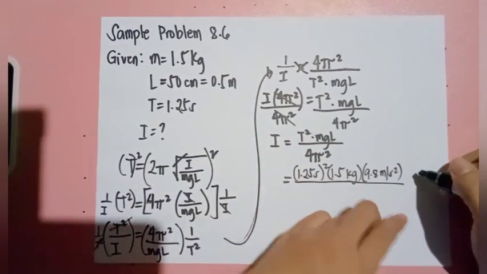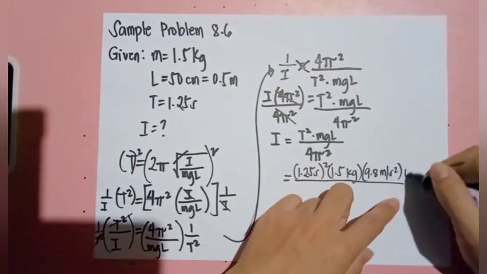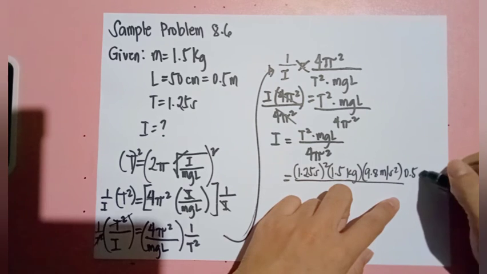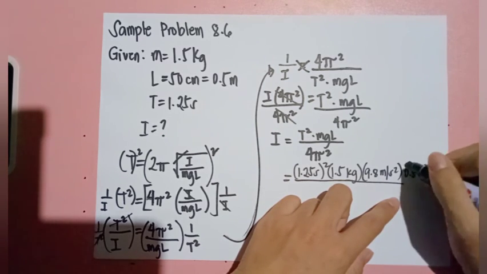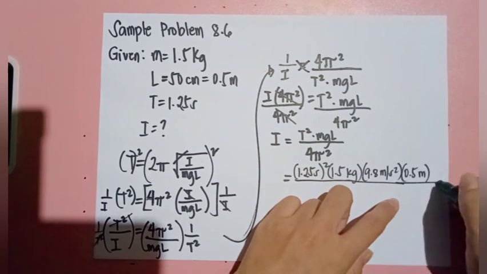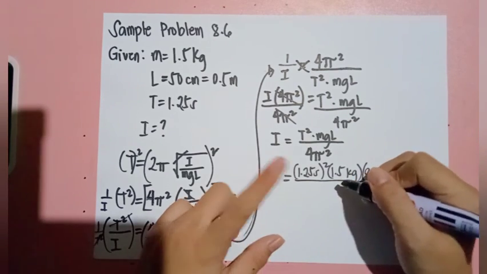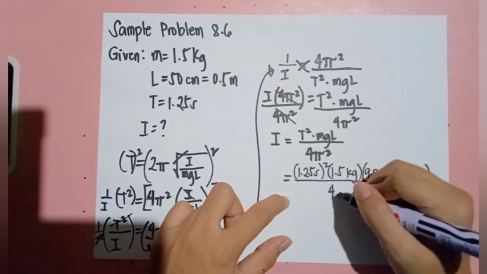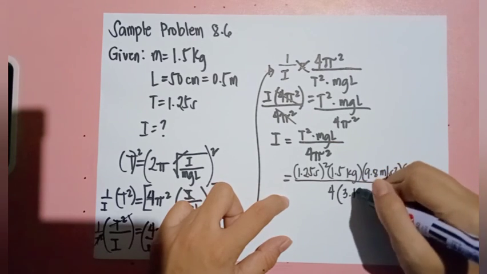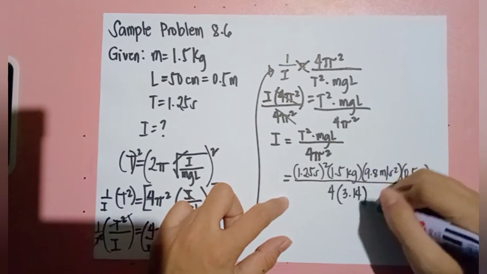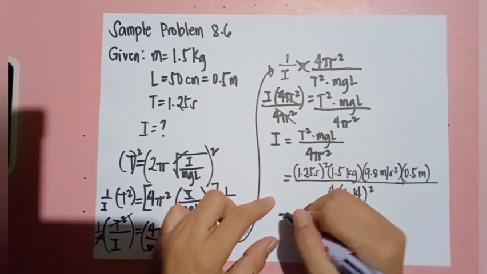And length is 0.5 meters. It should be in meters. And then 4 pi squared, pi is 3.14. Okay, square.